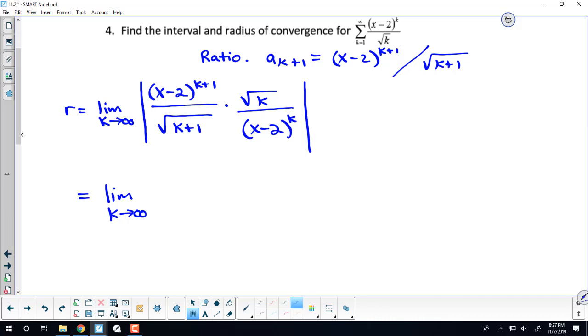So then one of those x minus 2's drop out, and we have x minus 2 to the first times the square root of k all over the square root of k plus 1. The k again is positive. We don't need the absolute value around root k over k plus 1. And we'll go ahead and keep the absolute value on the variable, x minus 2, and put that out in front of the limit, because the limit's not operating on this.